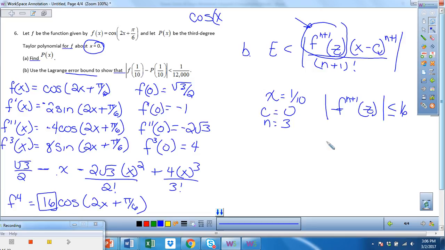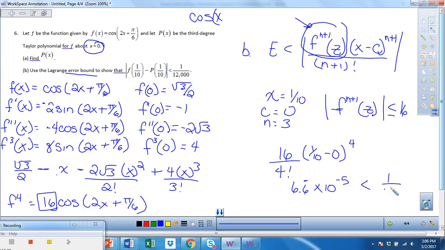So now I can just put 16 into the formula and get 16 over 4 factorial times x is 1/10, minus 0, raised to the 4th power. And according to my answer here, that is 6.6 repeating times 10 to the negative 5, which is less than 1 over 12,000.